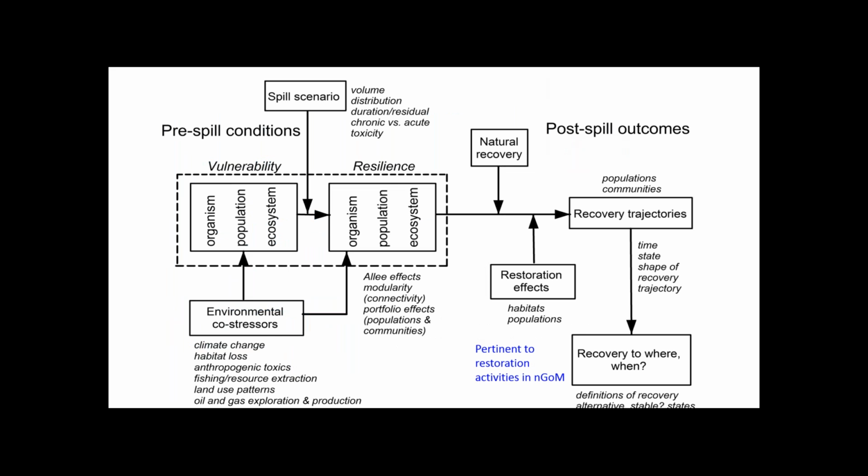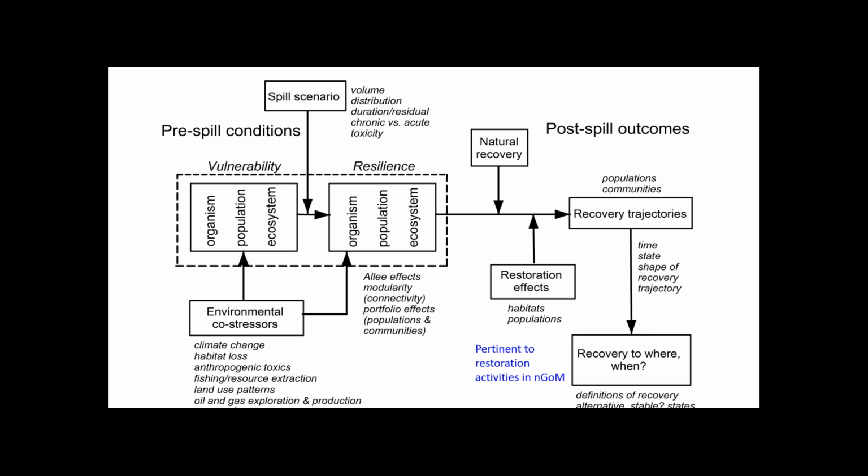So just in terms of a flow diagram of what I would like to talk about, we can start from left to right here and talk about the pre-spill conditions occurring in the Gulf, where we can look at the vulnerability of organisms, populations, and ecosystems to the co-stressors that occur, irrespective of the oil spill.